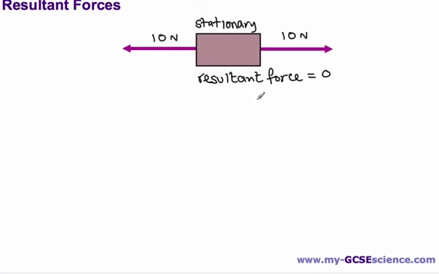So the object would still not move. So 10 newtons in this direction, 10 newtons in that direction, resultant force of 0.